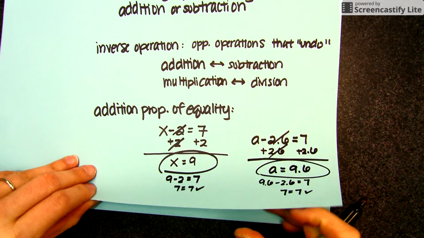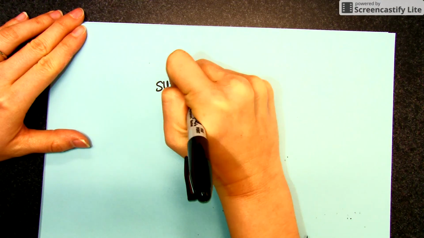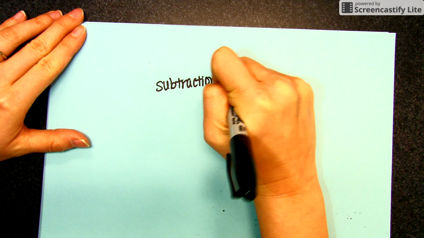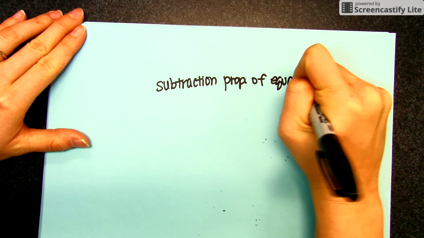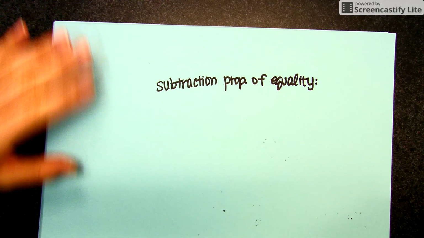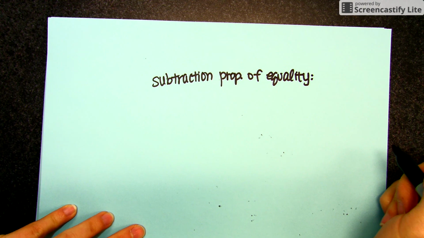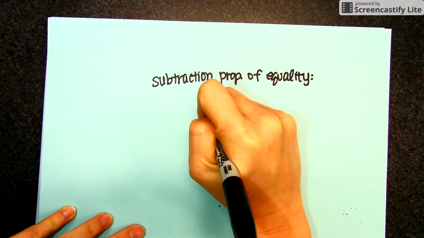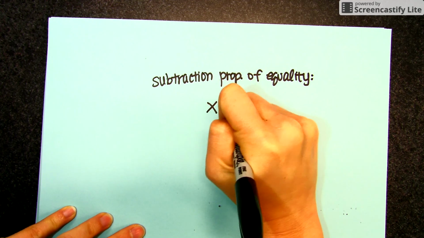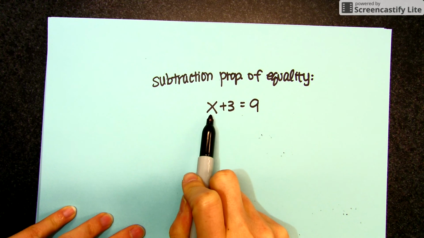Now, the second property that you learned is subtraction property of equality. What that means is whenever you subtract on one side, you need to subtract on the other side, so the balance will remain the same. The example I gave in class was x plus 3 equals 9.